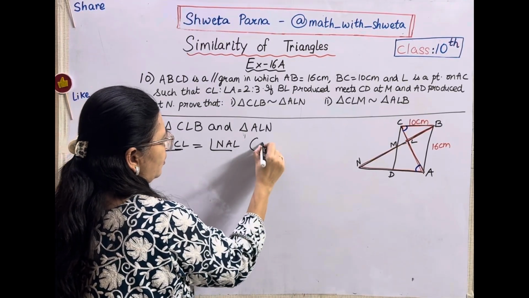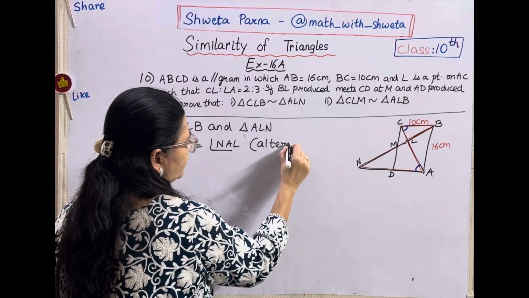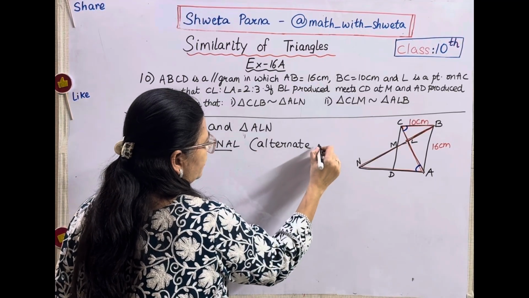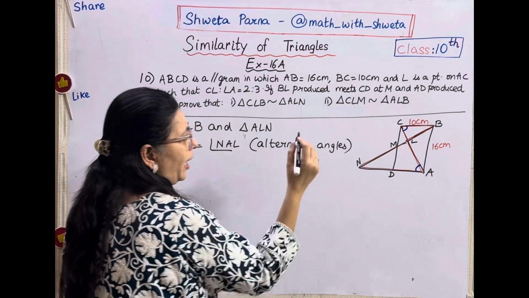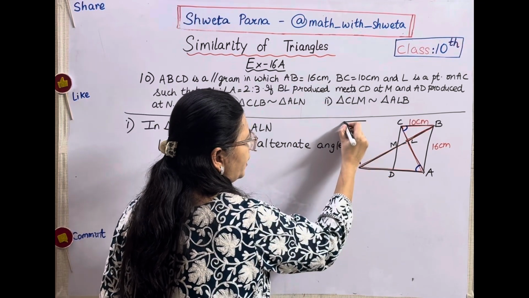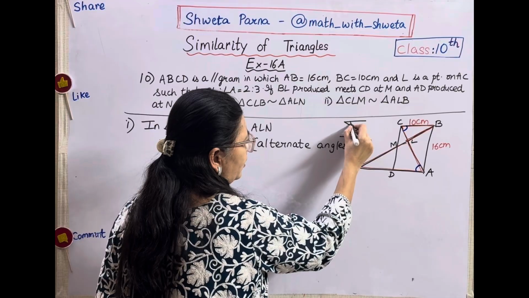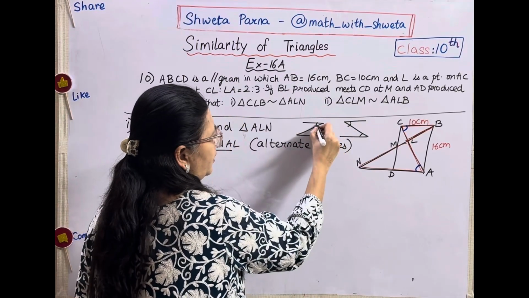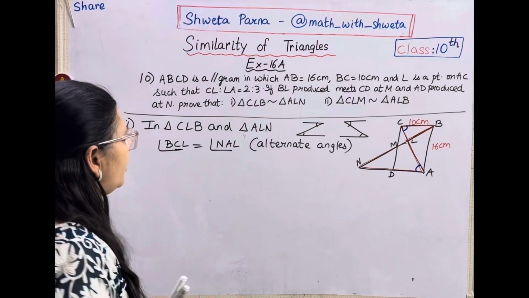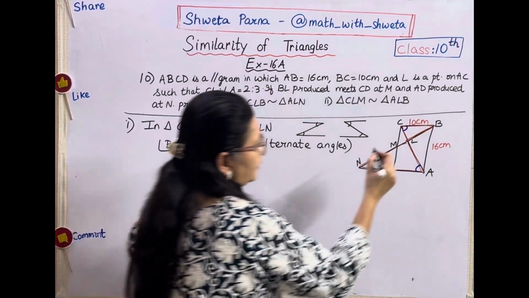What is the reason? Alternate angles. Alternate angles are equal, and alternate angles can be represented by Z, this type of Z or this type of Z. Remember this.